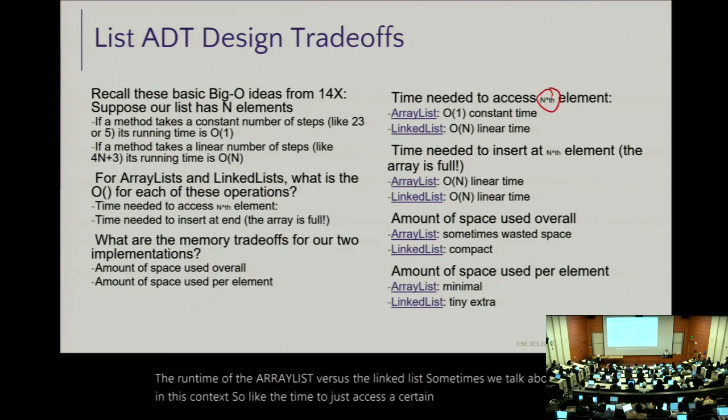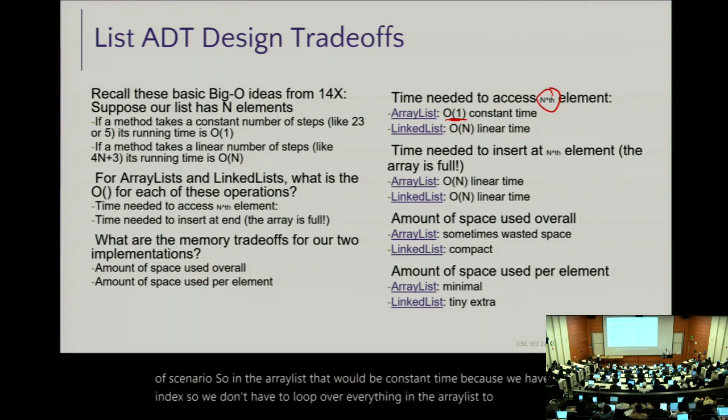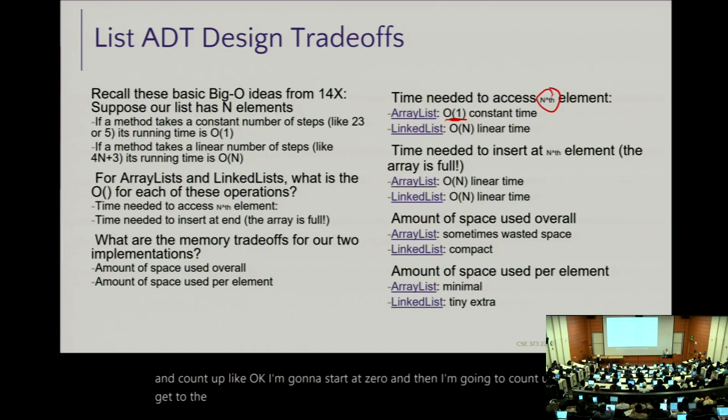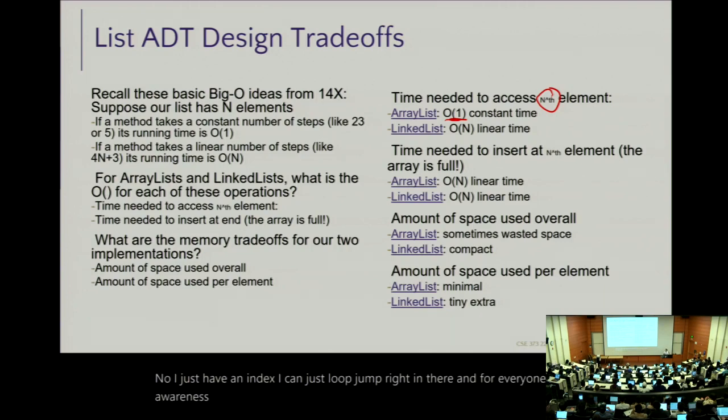So if I want to jump straight into song number 3, in the array list, that would be constant time because we have an index. We don't have to loop over everything in the array list and count up, okay, I'm going to start at 0 and count until I get to the third one. Nope, I just have an index. I can just jump right in there. And for everyone's awareness, accessing an element at an index in an array is considered constant time.